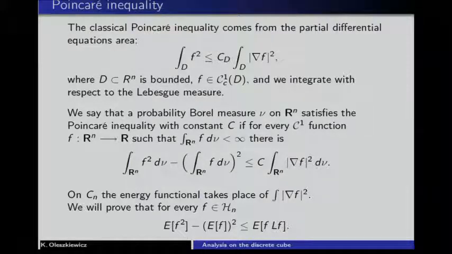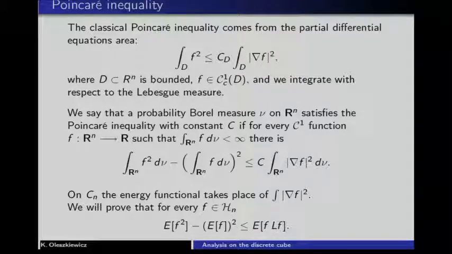This is called the Poincare inequality on Rn. And of course, again, you need some assumption about the smoothness of f just to give sense to the right-hand side. And we'll say that the measure mu satisfies the Poincare inequality if for all functions smooth enough, this inequality holds with this same constant c, a uniform constant.